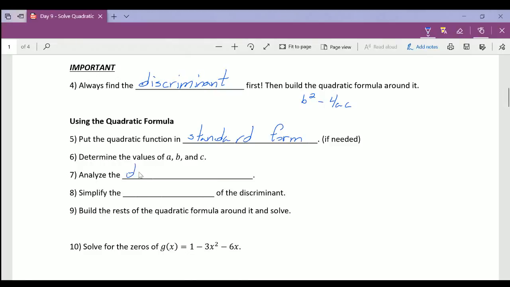Analyze the discriminant. Simplify the square root of the discriminant, and build the rest of the quadratic formula all around it and solve.